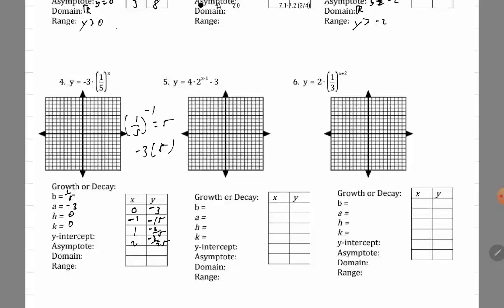So it keeps getting smaller, as you can see. So let's look at 0, negative 3. There's our y-intercept. And our graph looks something like this.